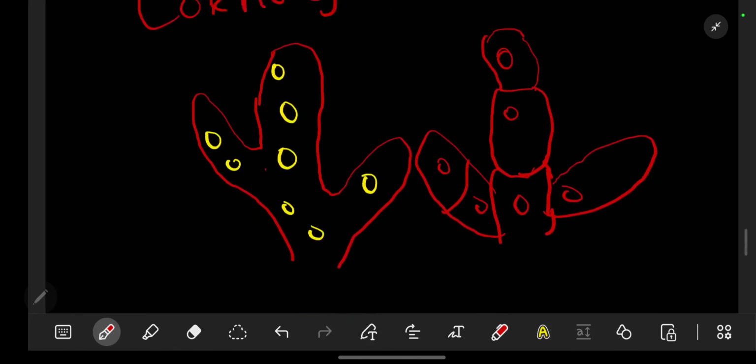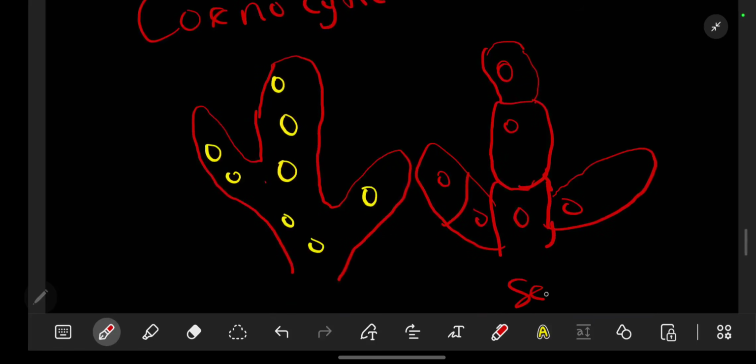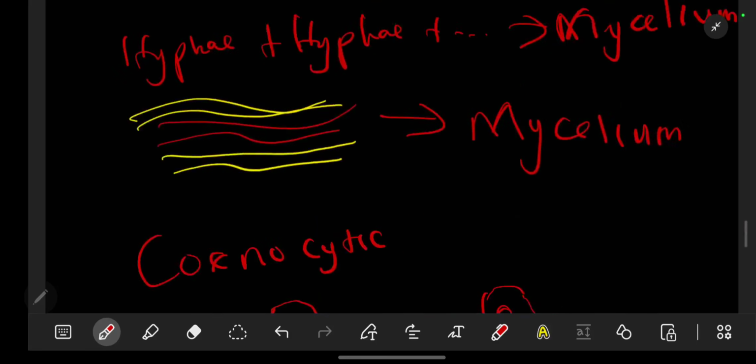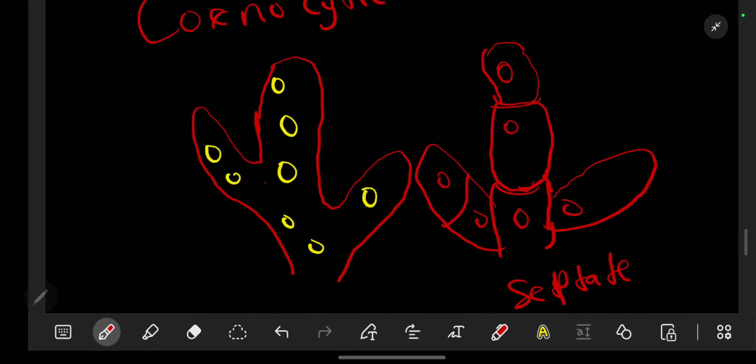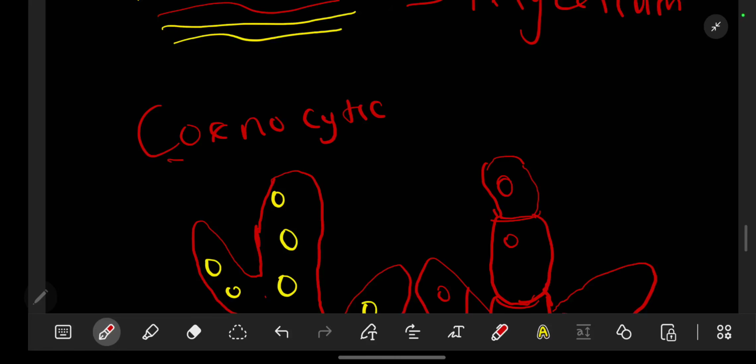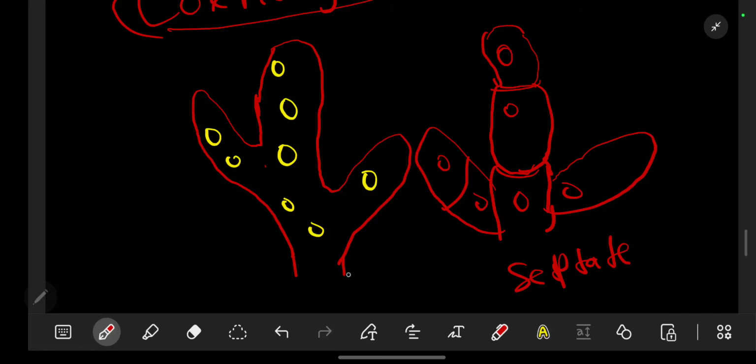This one is septate, meaning they have separations. But for Zygomycete, it is unsegmented and coenocytic. Coenocytic means they have a lot of nuclei without a cross wall.